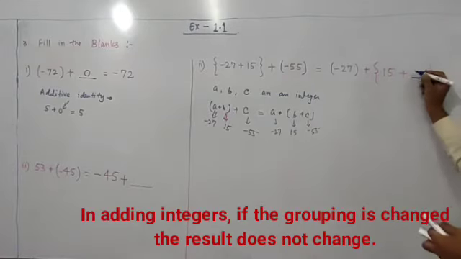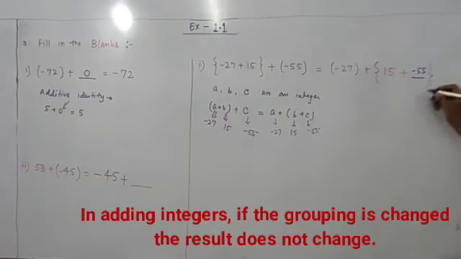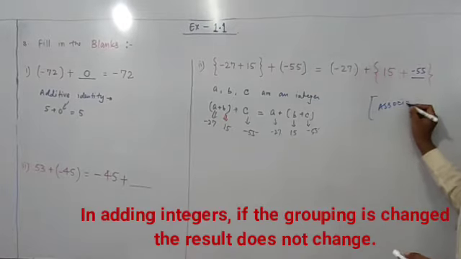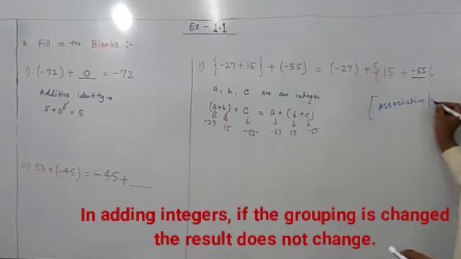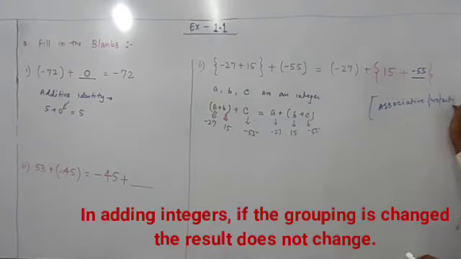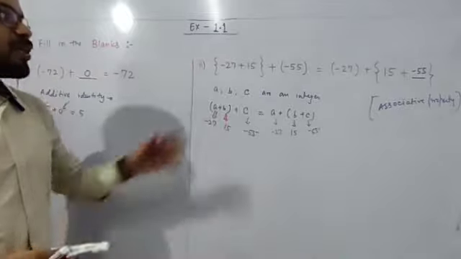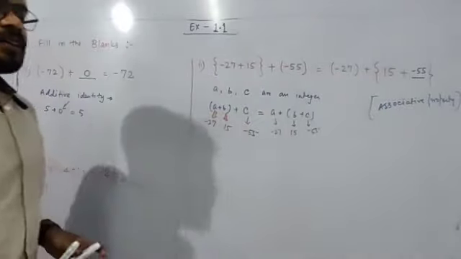This is minus 55. According to which property? Associative property. Okay. Are you getting my point? This is the associative property.